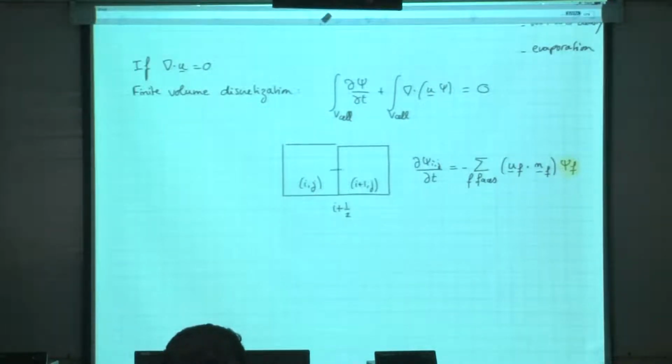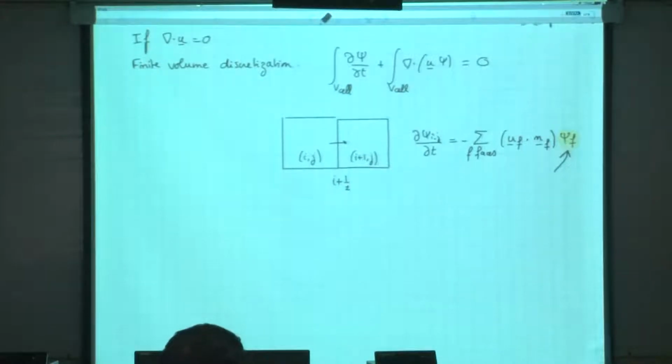Now the game we're playing in finite volume schemes is to provide this face value of psi.